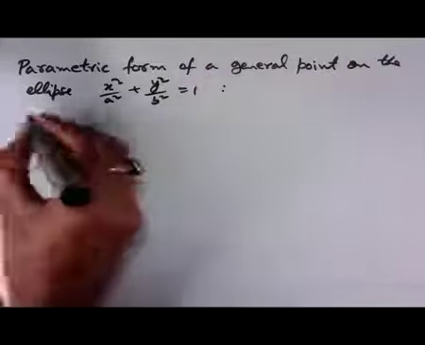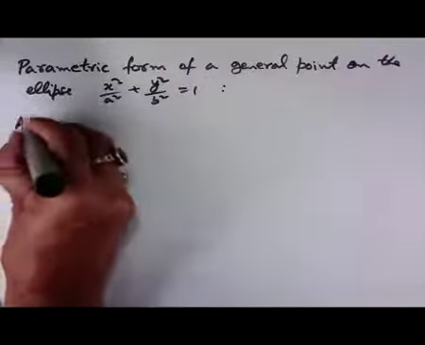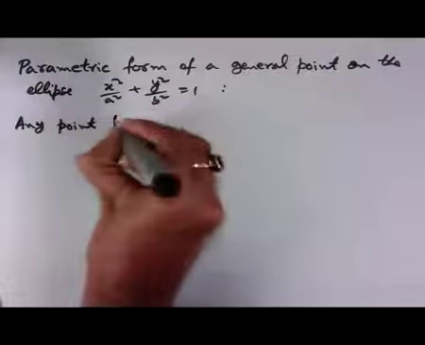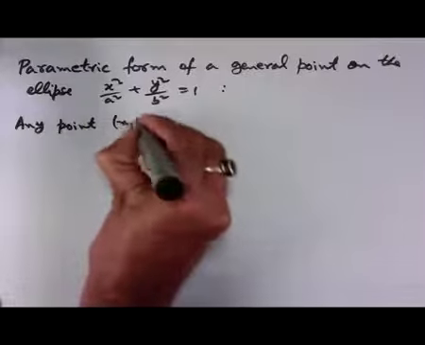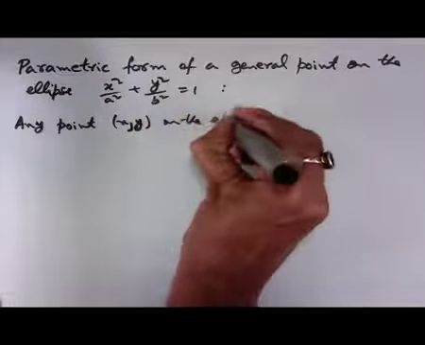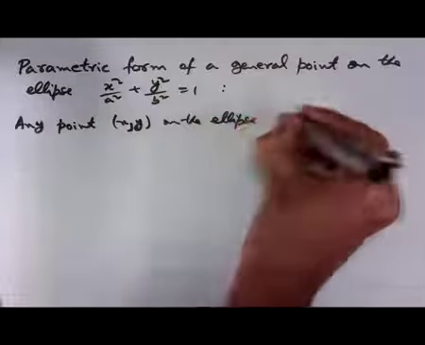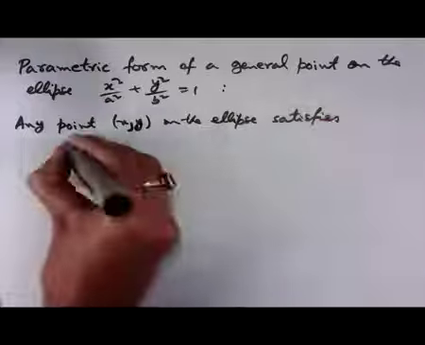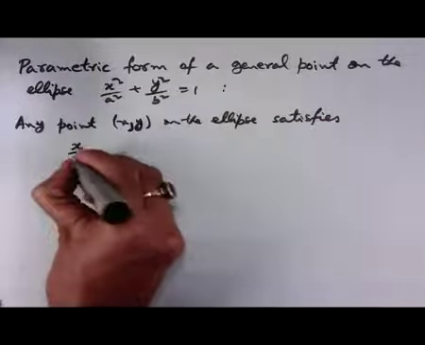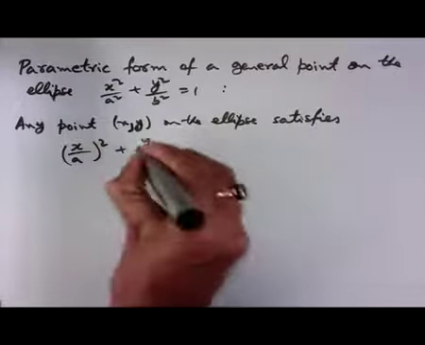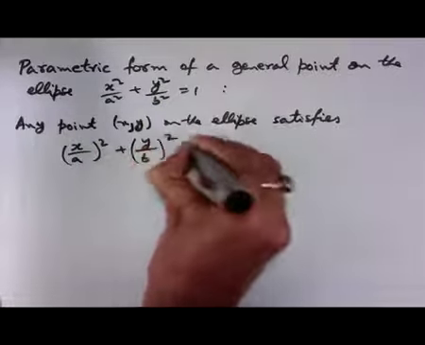So, any point x, y on the ellipse satisfies x square by a square plus y square by b square equal to 1.